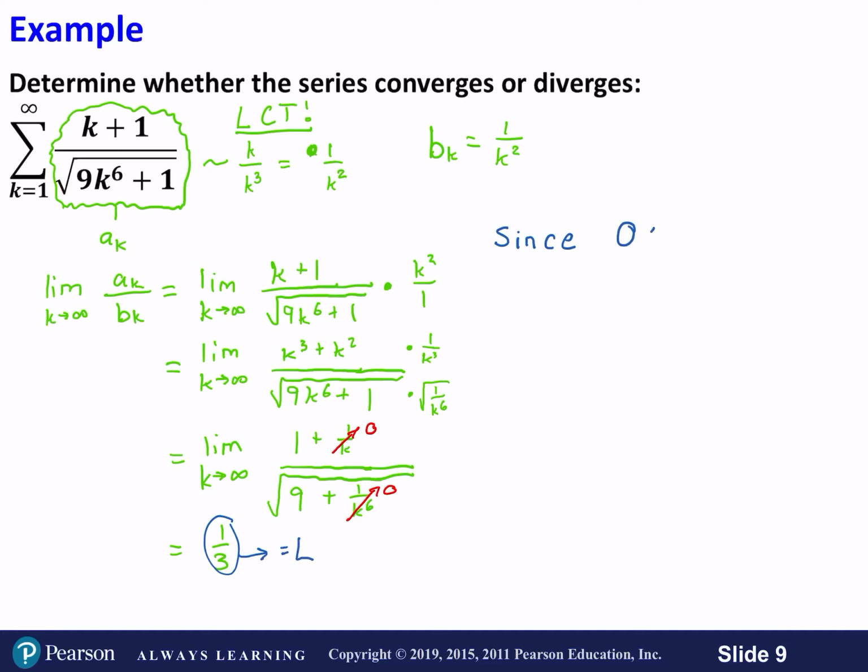So since L is between 0 and infinity, the sum of ak and the sum of bk have the same behavior.